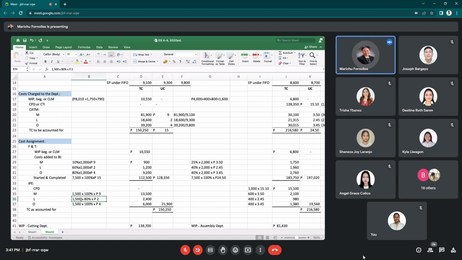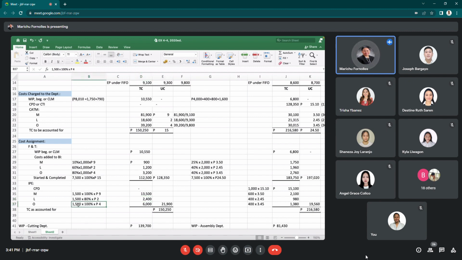To get the labor cost for the IPE, it would be IPE of 1,500 units times 80% for labor times the unit cost of labor at 2 equals 2,400.